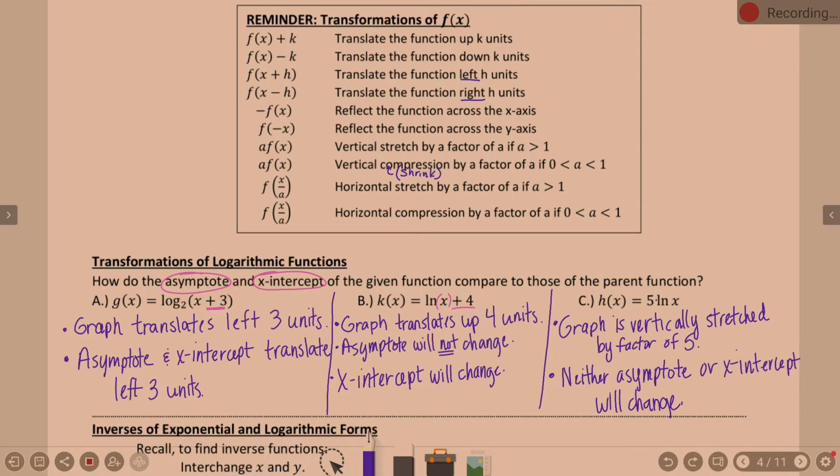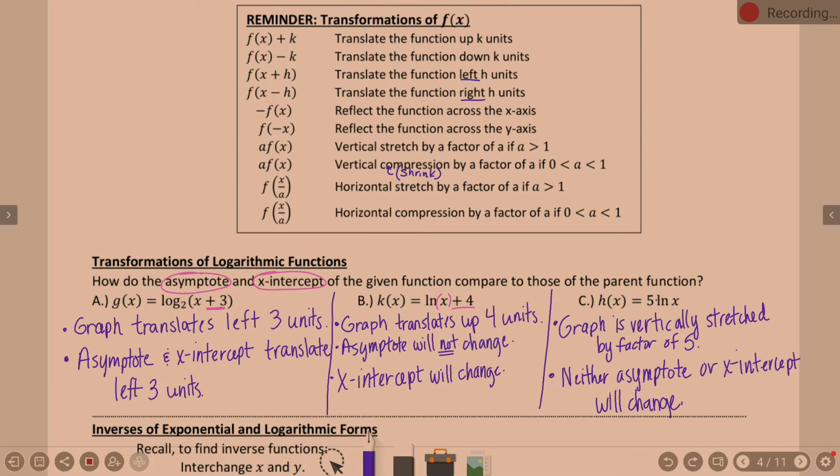Probably should have just said asymptote and x-intercept will not change is what I should have said there. Okay, so you have to look at what is the transformation happening. Some of the transformations will cause the intercept and asymptote to change. Some of them will not. And hopefully I've given you some insight there. Okay?